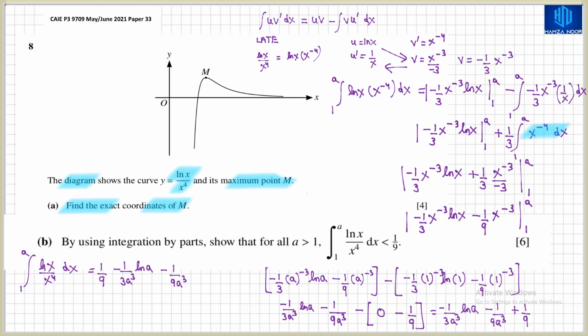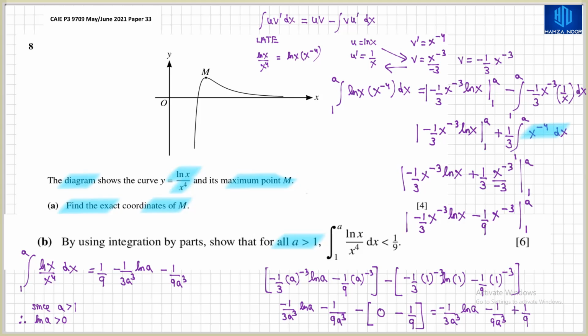Now we need to show that for all values of a which are greater than 1, the value of this definite integral is always less than 1 over 9. So how do we prove this statement? Here we mention, since a is greater than 1, this means that ln a will be greater than 0, because when a is equal to 1, ln a is equal to 0.